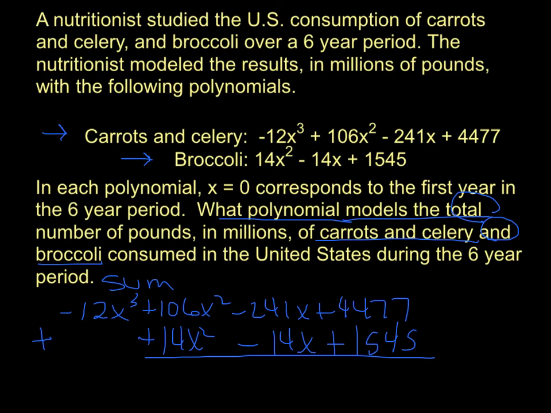So I'm going to do my addition. Over here I have 4477 and 1545. So that gives me 12. I can carry 1, 1 and 2 is 3, and 4 and 5 is 9, no wait, that's 10 and carry, and that gives me 6. So I've got a positive 6022.